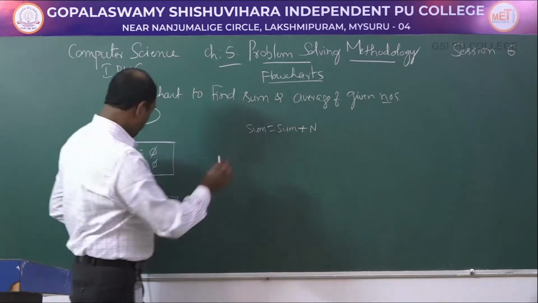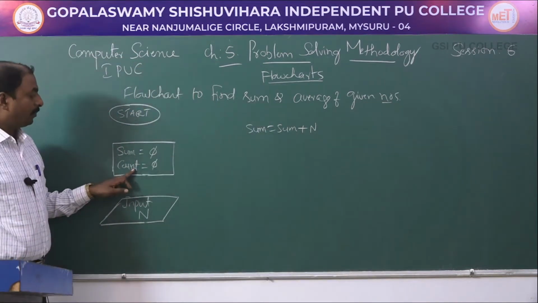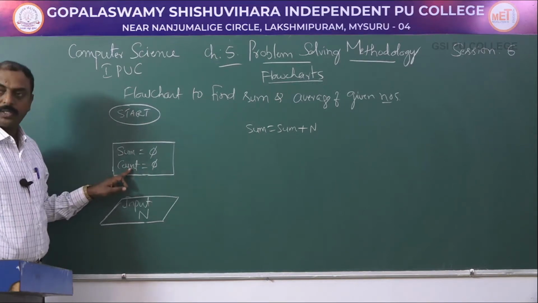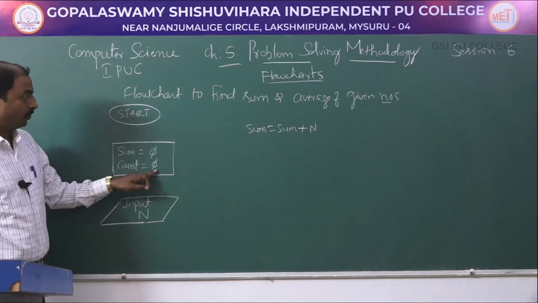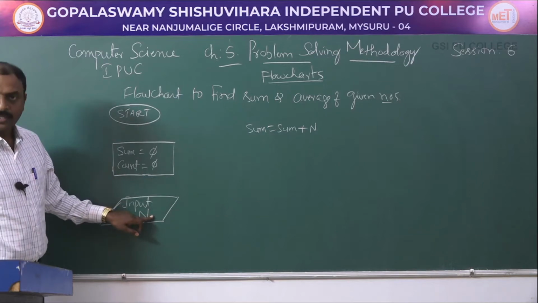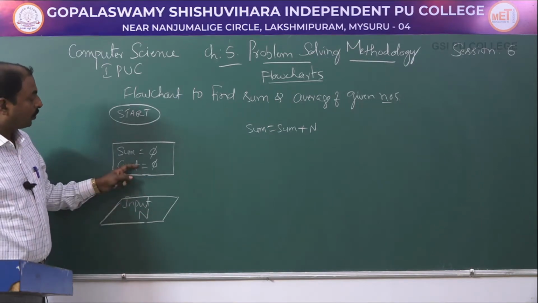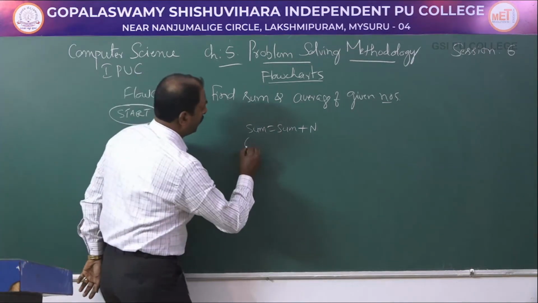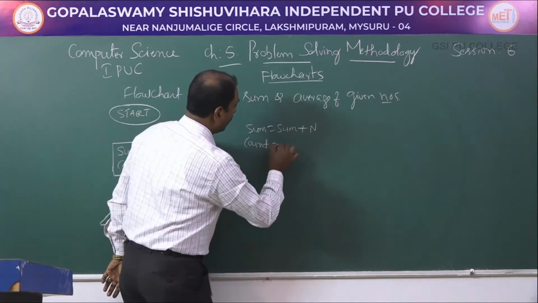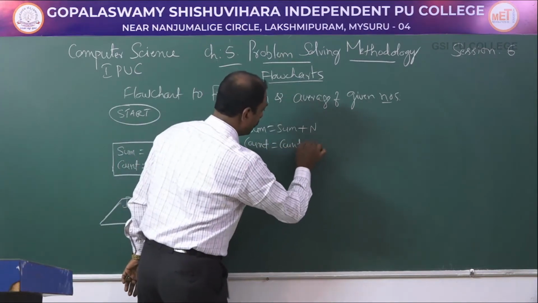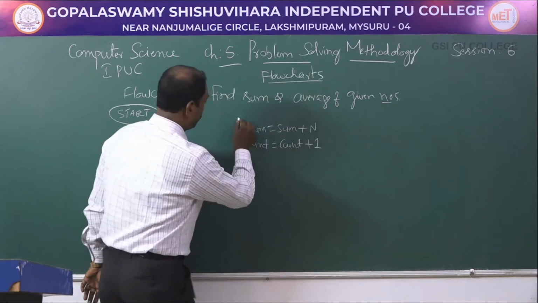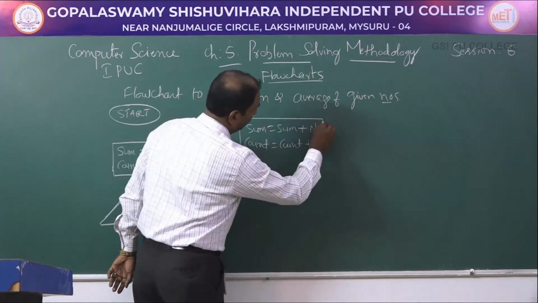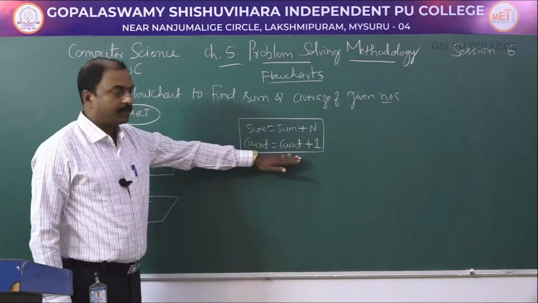Next, at the same time, we have to increment the variable count. At first it will be 0. After entering one number, we have to increment the value of count by 1. So that should be count equals count plus 1. This should be in a rectangle because it is processing.